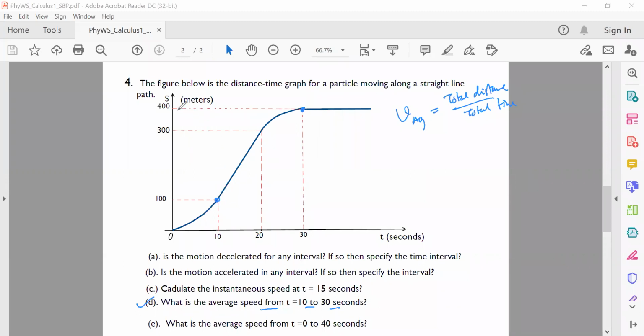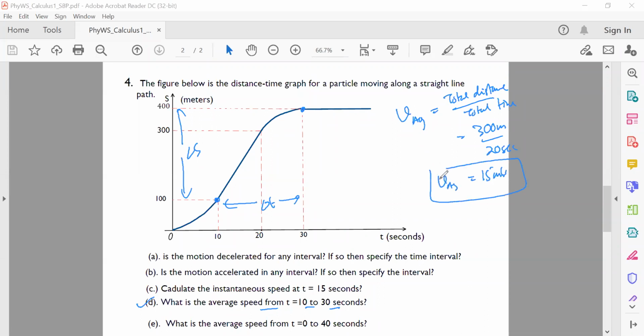So you can see the total distance is this, and the total time is this. So total distance is becoming how much? It's becoming 100 to 400. So 300 meters divided by the time interval 10 to 30, so that's 20 seconds. So it's 15 meters per second. That's the average speed.